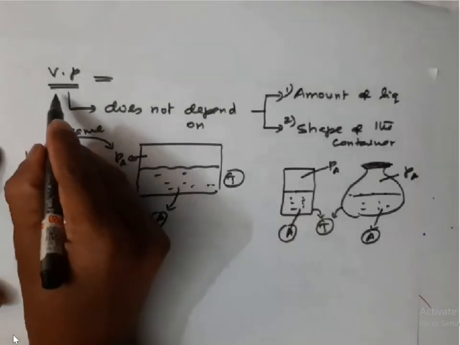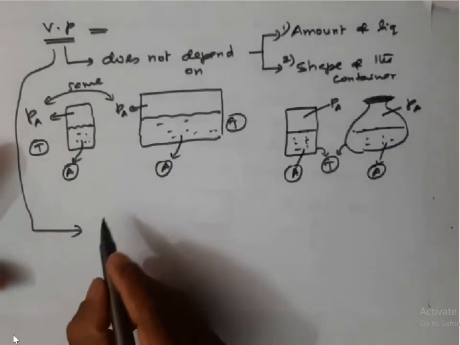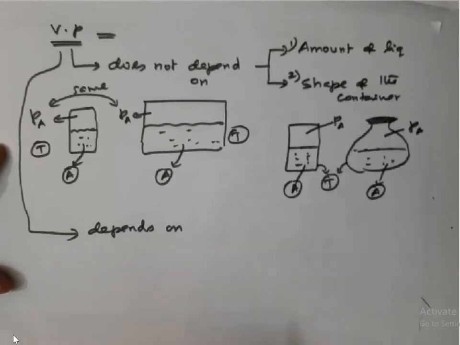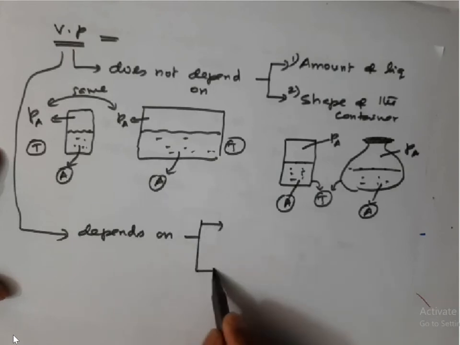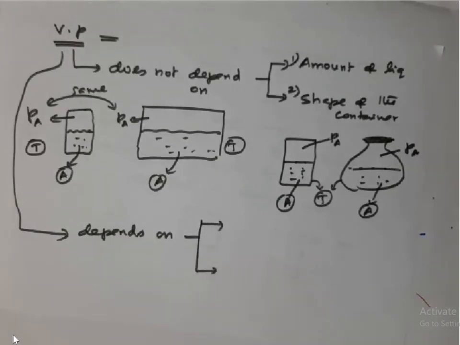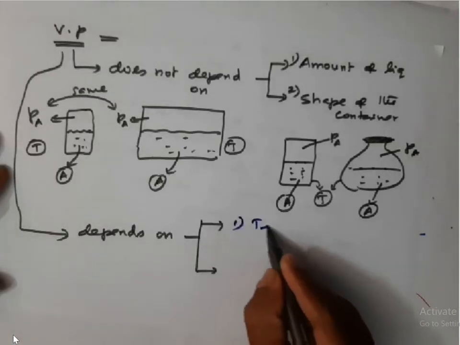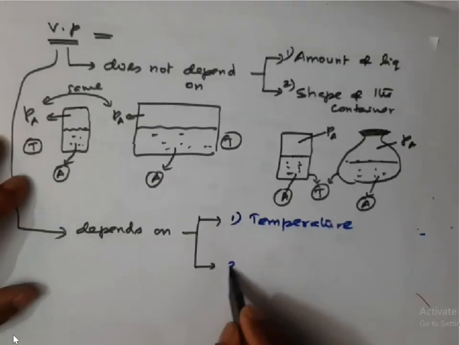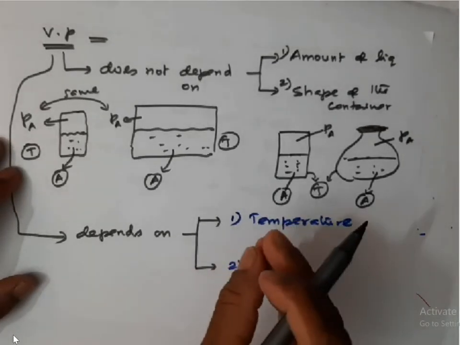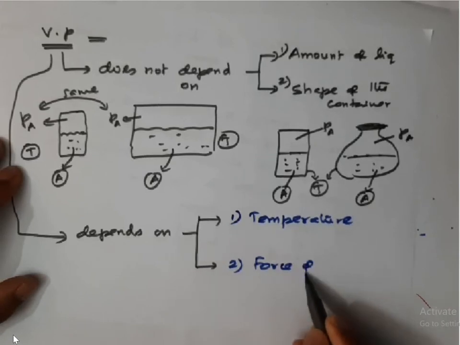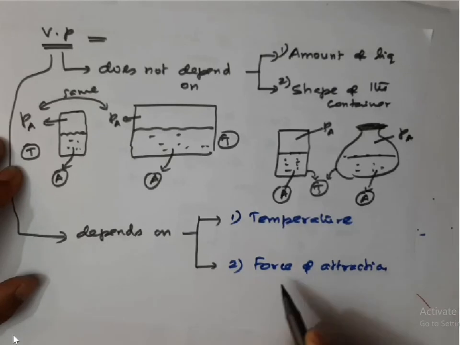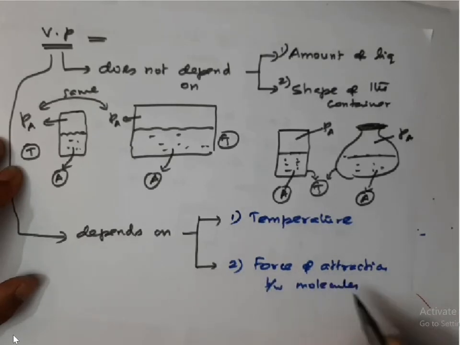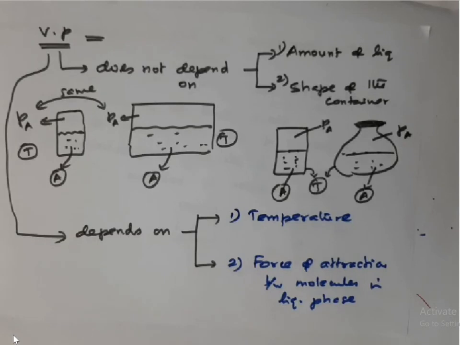Vapor pressure depends on two things. Number one, as I told you, the temperature of the liquid, and it also depends on the force of attraction between molecules in the liquid phase.